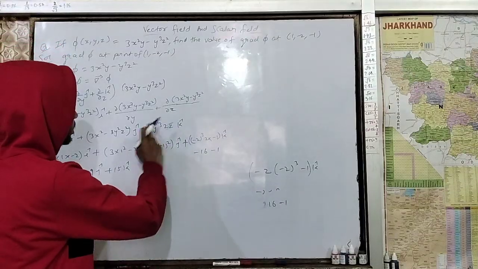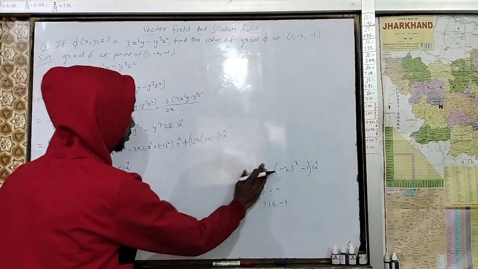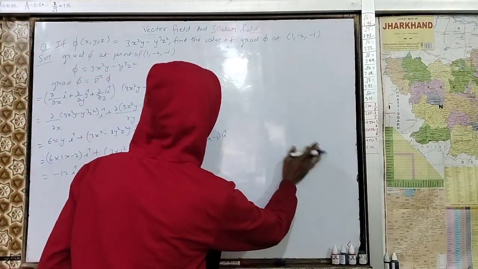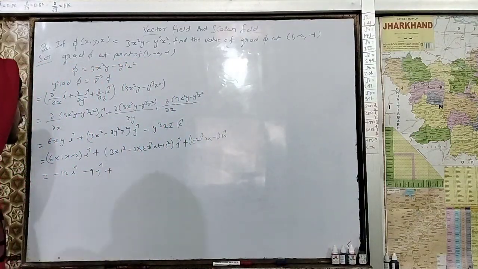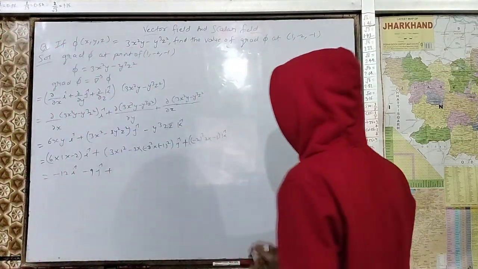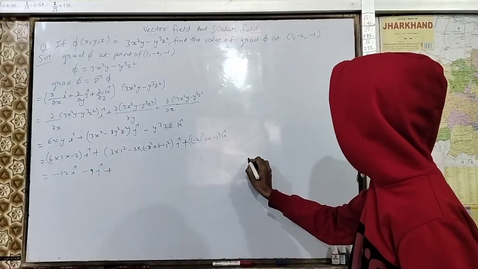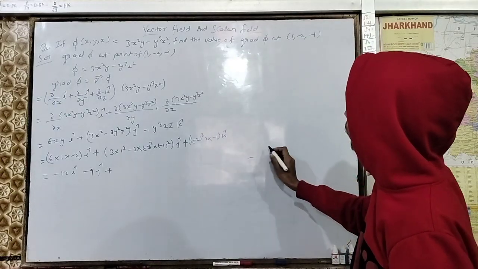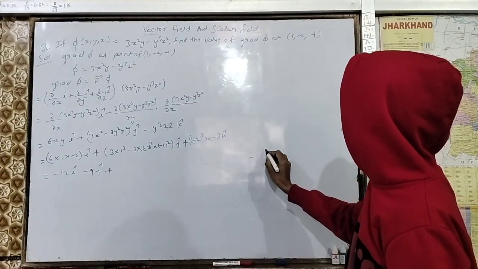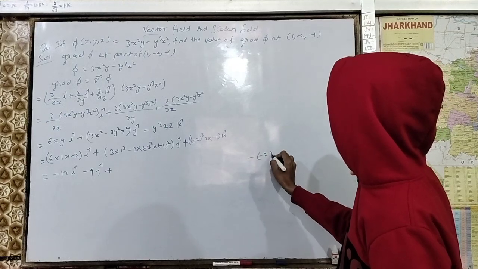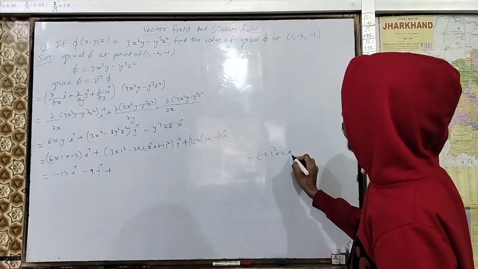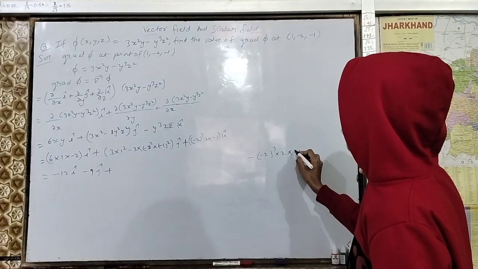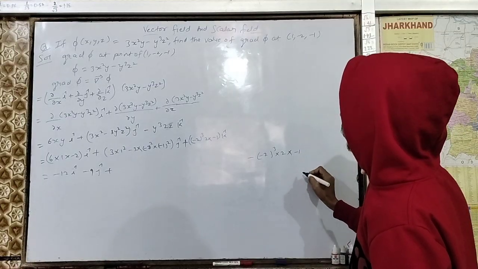This minus over here. Look at over here. Minus as it is. Value of y is minus 2 raised to power 3, multiplied by 2, multiplied by the value of z, which is minus 1.